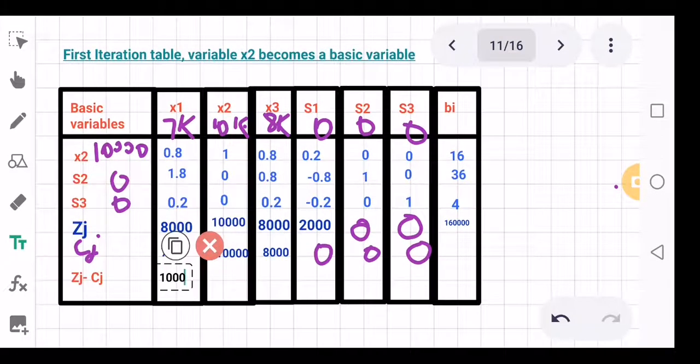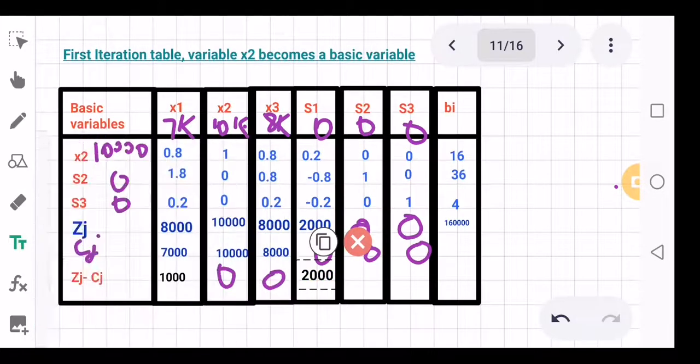Next is 10,000 minus 10,000, 0. 8,000 minus 8,000, 0. 2,000 minus 0 is 2,000. Next is 0 minus 0, 0. 0 minus 0, 0. Next what you have is, okay, here I didn't take your BI.